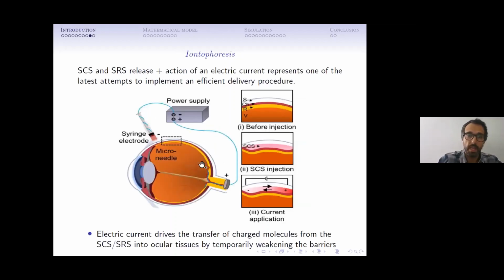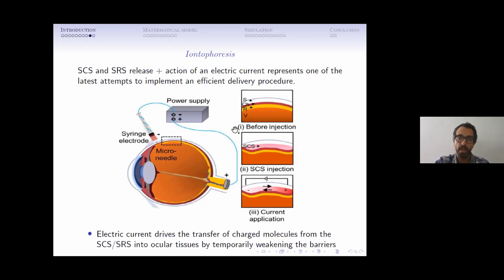So what we also know is that the suprachoroidal space and the subretinal space release, plus the action of electric current, represent one of the latest attempts to implement an efficient delivery process. So we also need to consider an iontophoresis process in order to help the drug better reach the target tissue.